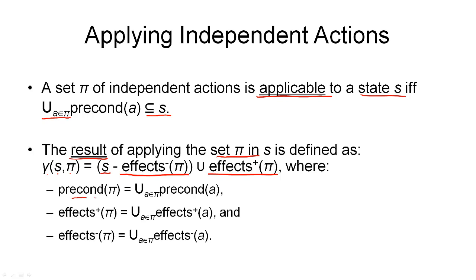And when we talk about the preconditions, positive effects or negative effects of a set of independent actions pi, we simply mean the union over all the actions in that set pi of their preconditions, positive effects, or negative effects. So this defines applicability and state transitions for sets of independent actions.